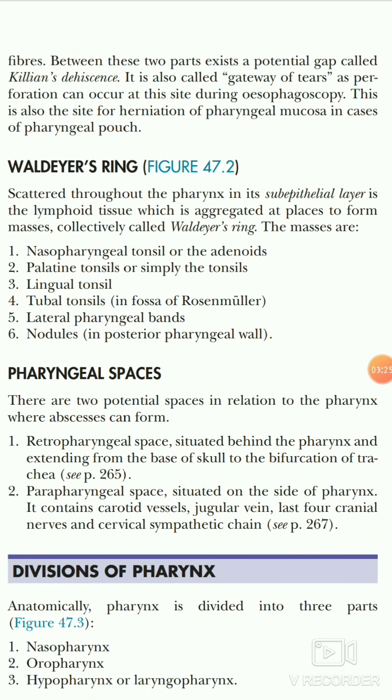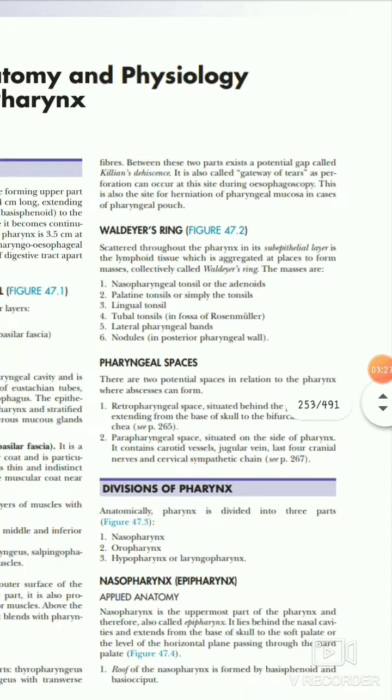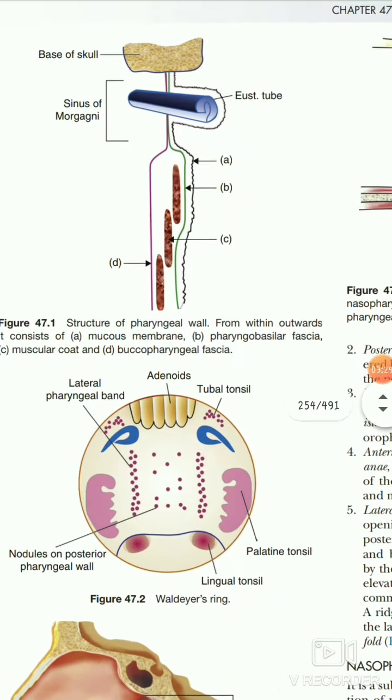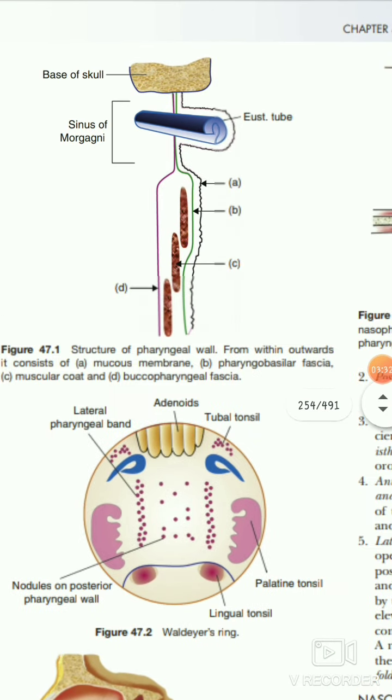Waldeyer's ring. Figure 47.2. Adenoids, tubal tonsil, palatine tonsil, lingual tonsil, nodules on posterior pharyngeal wall, lateral pharyngeal band.